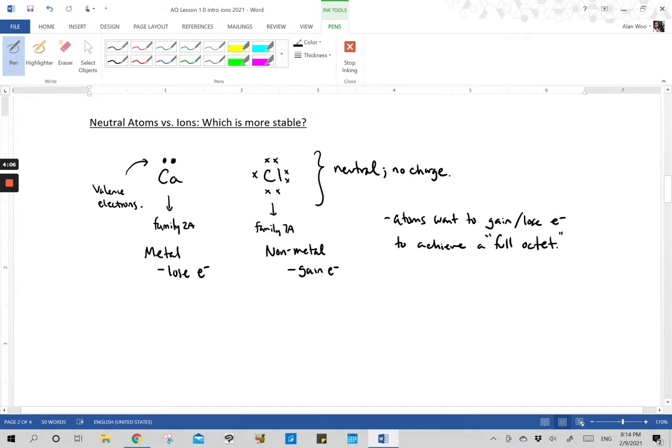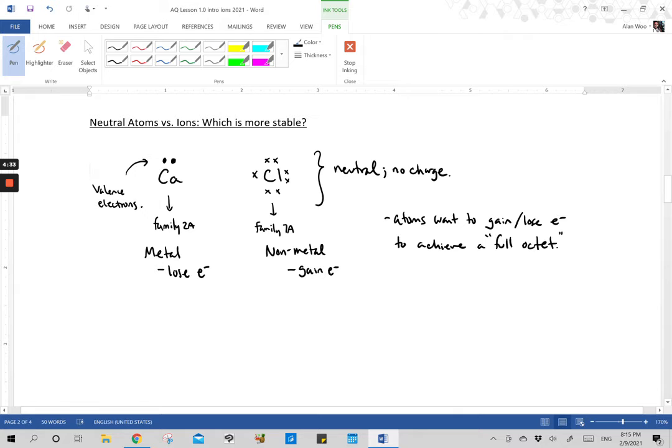It's called an octet because normally when we look at nonmetals, they will gain electrons until they have 8. Calcium does actually have a full octet, but not in this current shell. The current shell only shows 2 valence electrons, and instead of gaining 6 valence electrons to have a full octet, they will decide to lose 2 electrons because it's a lot easier.